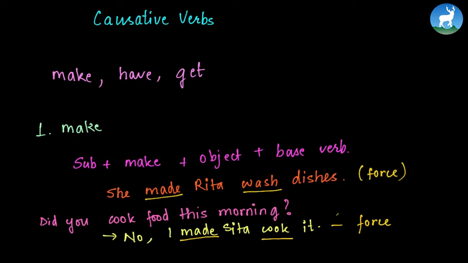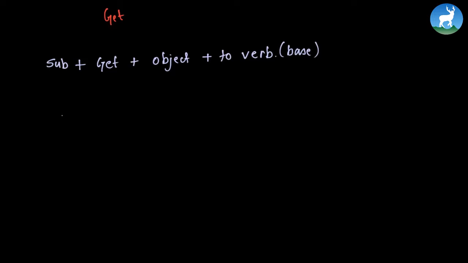Now let's look at the use of get. The basic sentence structure using get is subject plus get plus object plus to and then the base verb. For example, if somebody asks you, do you cut your hair yourself?